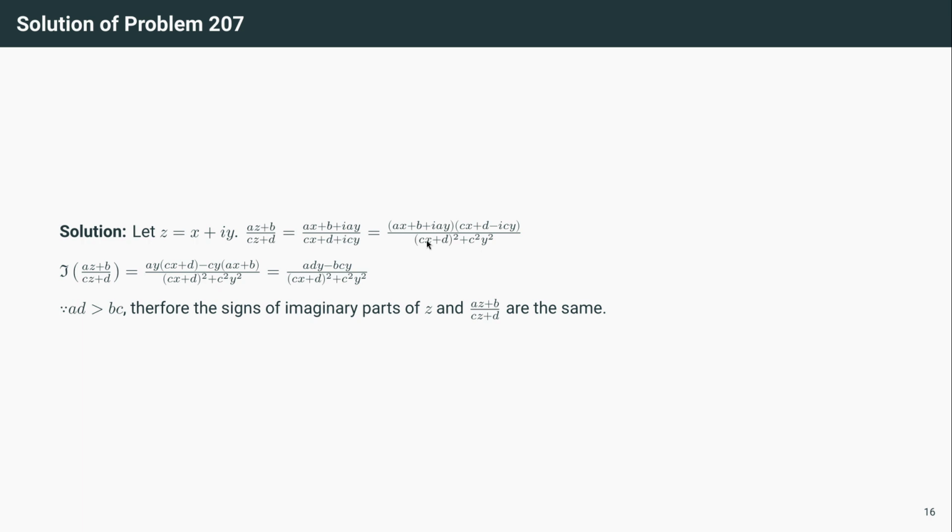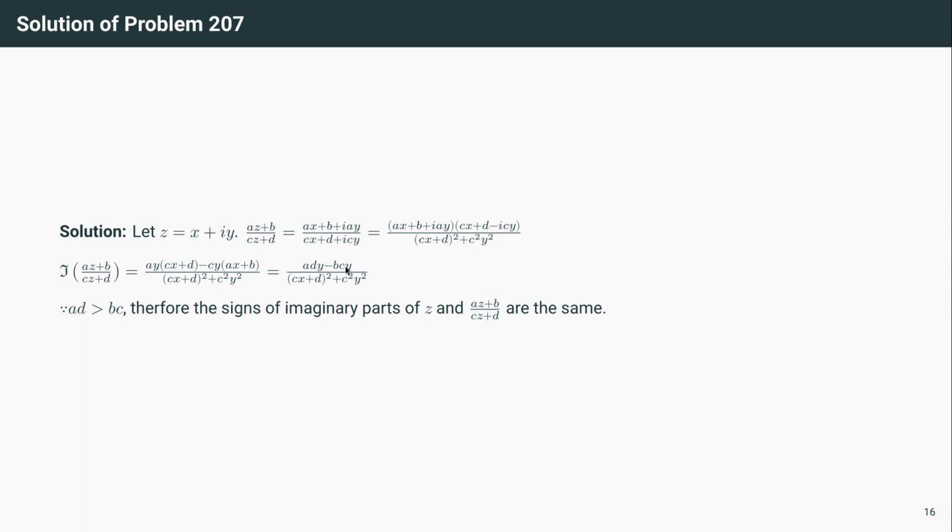So we rationalize, and the denominator becomes (cx + d)² + c²y², which is immaterial because it would be positive. From the numerator, we find the imaginary part of (az + b)/(cz + d), which on solving becomes ady - bcy, and the denominator is positive.